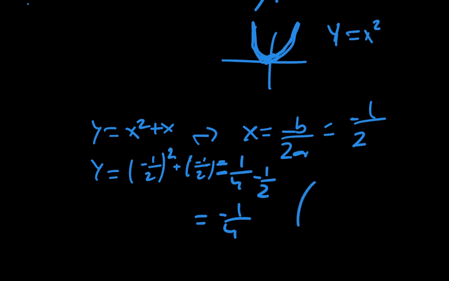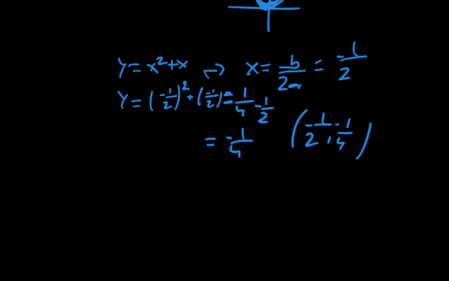And so our vertex would be centered at, the parabola would be centered at negative 1/2, negative 1/4. And that's where the parabola would start, and it would just follow that same kind of shape.